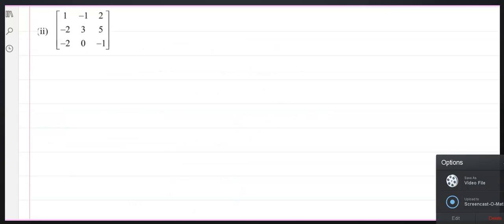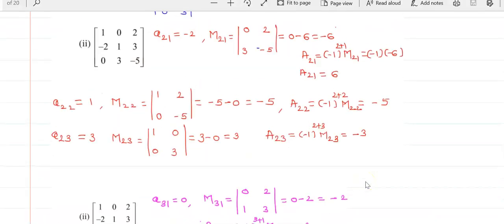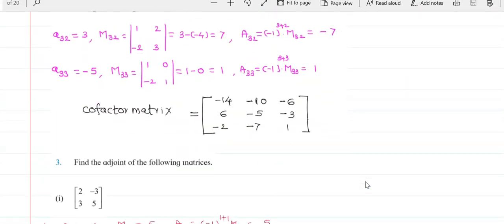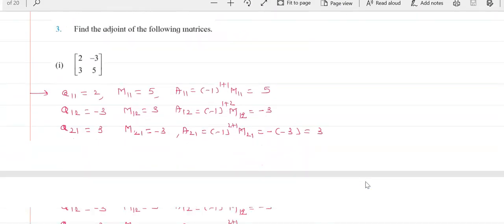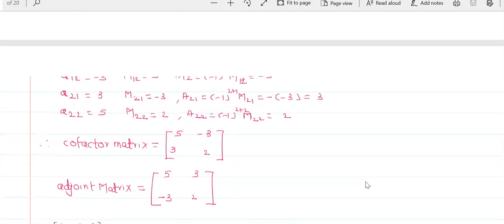Also you can take a screenshot of this question. Up to this you can take this screenshot, or you can write it down by pausing on your mobile or tab. Next is this. You will get the adjoint of the matrix.